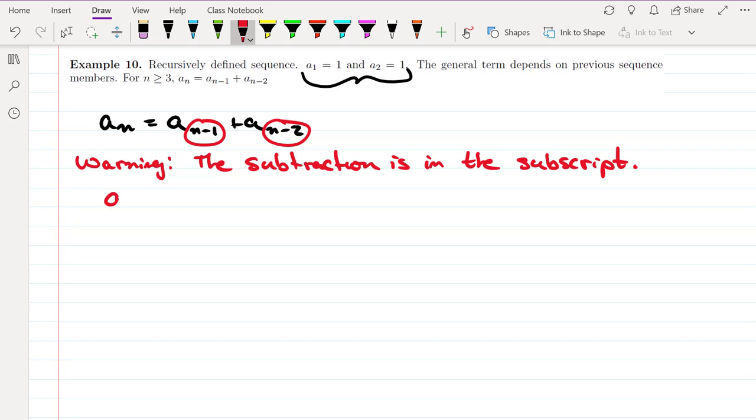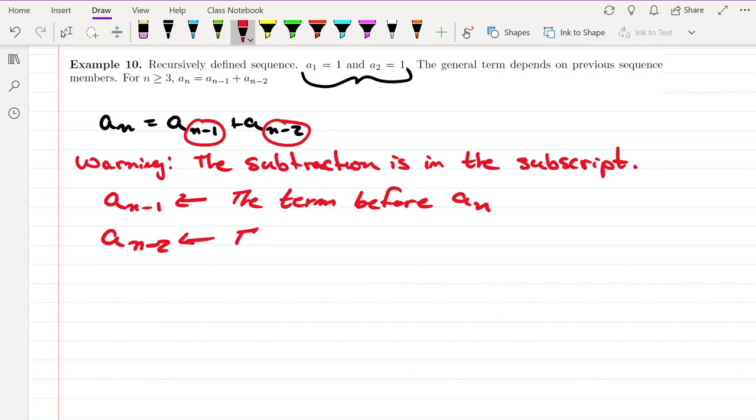So when we say a sub n minus 1, this is the term before a sub n. And a sub n minus 2 is the term before a sub n minus 1.